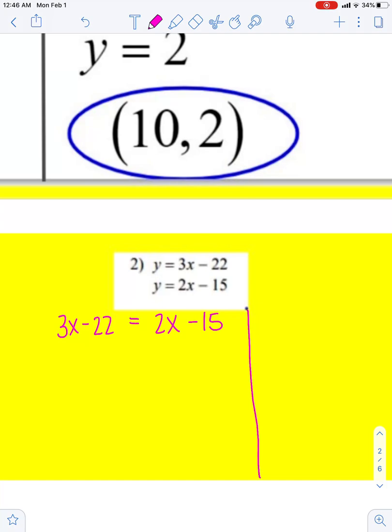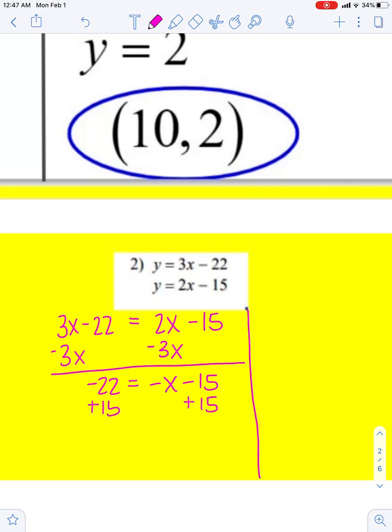I'm going to subtract 3x from both sides, which will give me negative 22 is equal to negative x minus 15. I will add 15 to both sides to get negative 7 is equal to negative x.